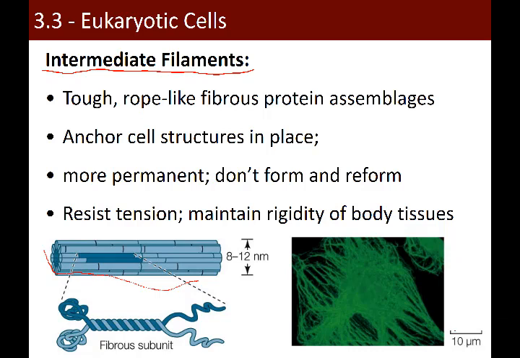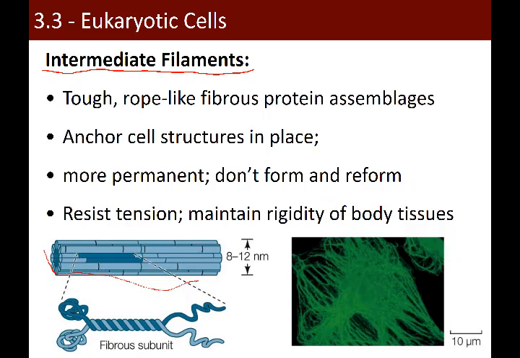And because of that tight wrapping, we can't just make this longer or shorter by lengthening or shortening these subunits. Right? Once those two subunits are twisted together, they're a firm rope-like structure. Okay. So these guys are much more permanent.